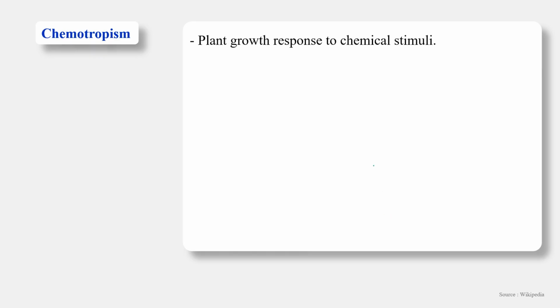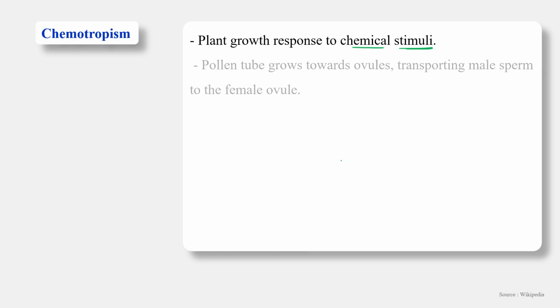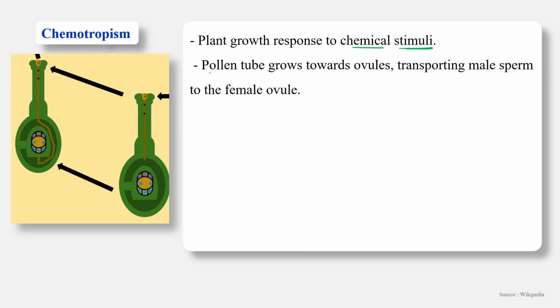Chemotropism means plant growth movement towards chemical stimuli. It is a plant growth response to chemical stimuli. Some pollen tubes grow towards the ovule like this, towards the ovule, and after the movement it transports the male sperm to the female ovule.